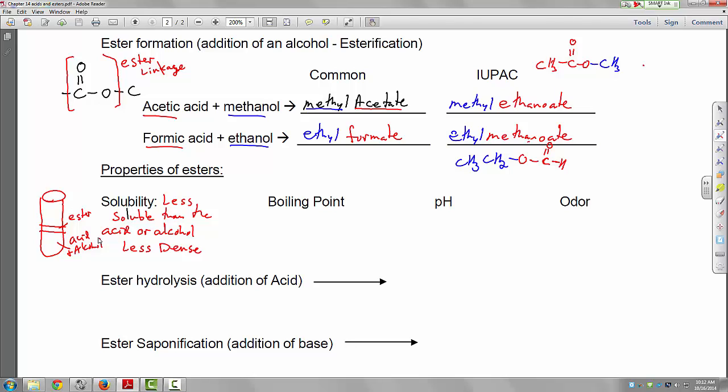Boiling points: a lot of these esters had pronounced odors, and part of the reason for that is they're volatile. They evaporate easily, and we can detect them with our nose. When we smell that odor from the ester, we're essentially breathing in the vapors of that ester. They're less polar, of course, so they're less soluble. They also have lower boiling points.